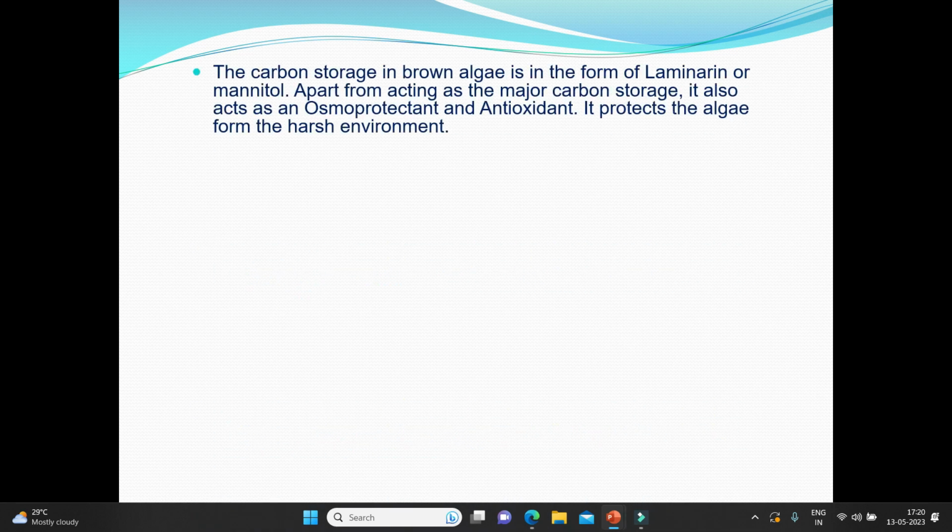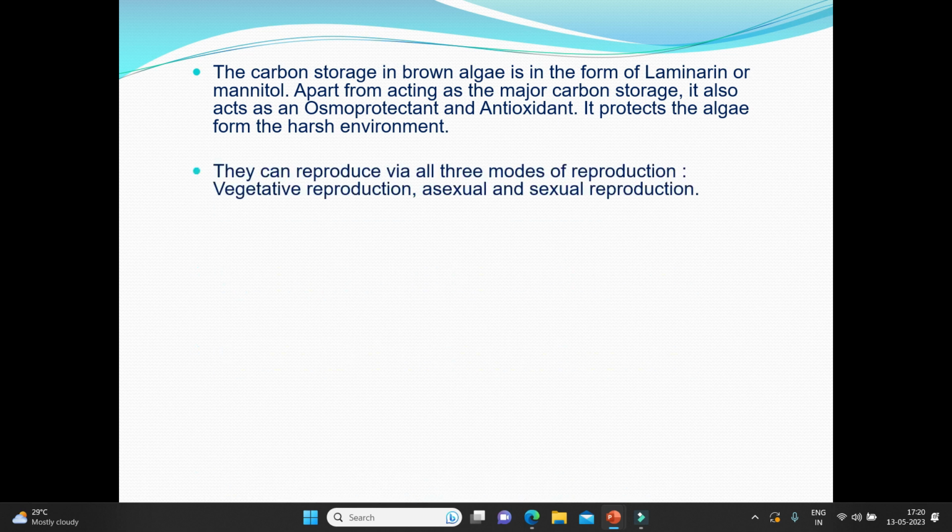So next, the carbon storage in the brown algae is in the form of laminarin. Laminarin is the storage glucan found in brown algae, or it is also called mannitol.